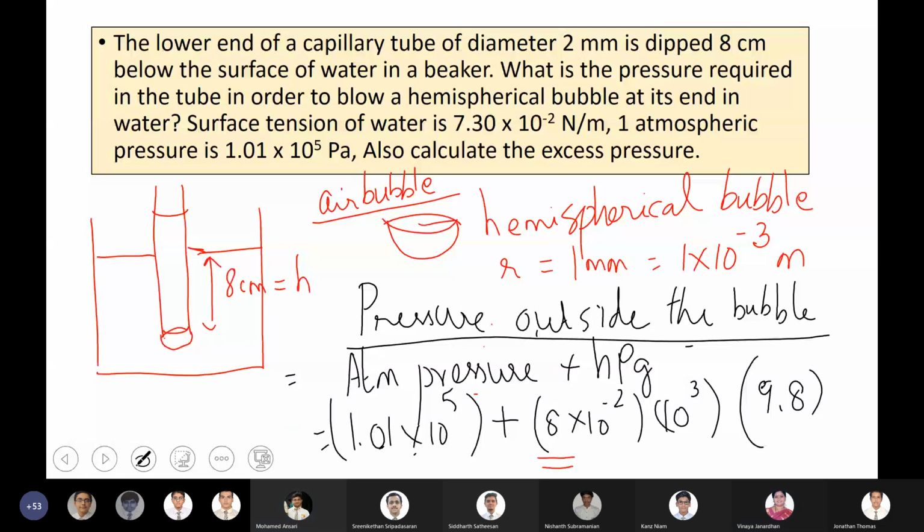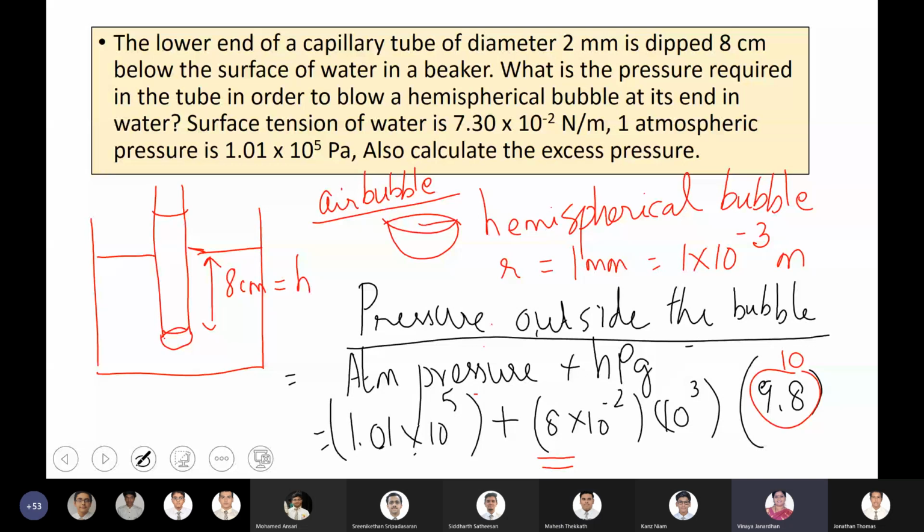Okay, fine. In case you want to make g as 10, you can go for 10. If I take g as 10 instead of 9.8, that will be somewhere around 8 point something. Ma'am, this answer is 9.01 into 10 raised to 5.